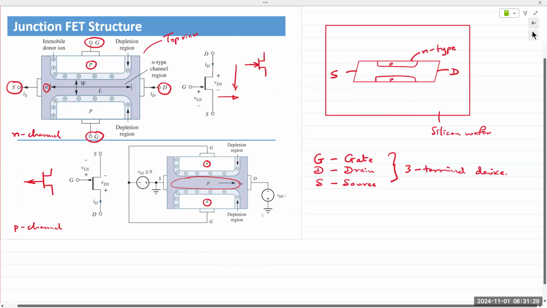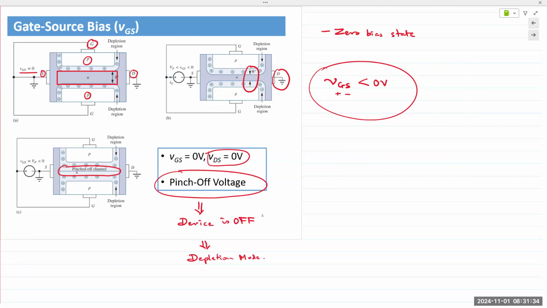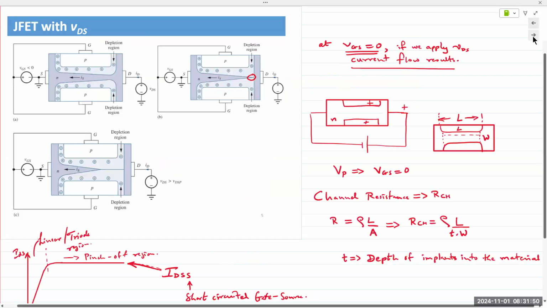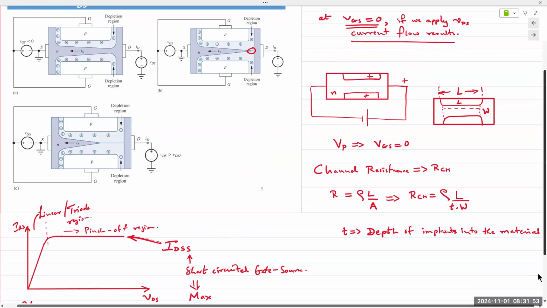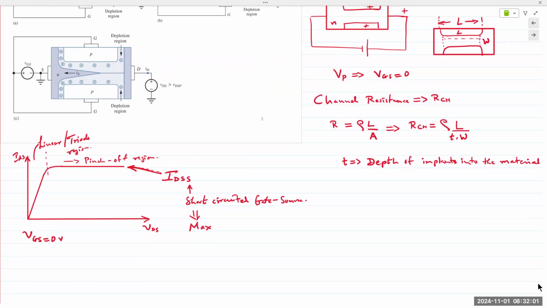VGS applied, channel gap narrows. Next case, VGS was 0 and we increased VDS. But now if we apply VGS negative, the channel is already narrow. So even before we begin applying a positive VDS, the channel is already narrowed. So the maximum current that can flow is already lower. And so if VGS is negative, we'd have something like this.